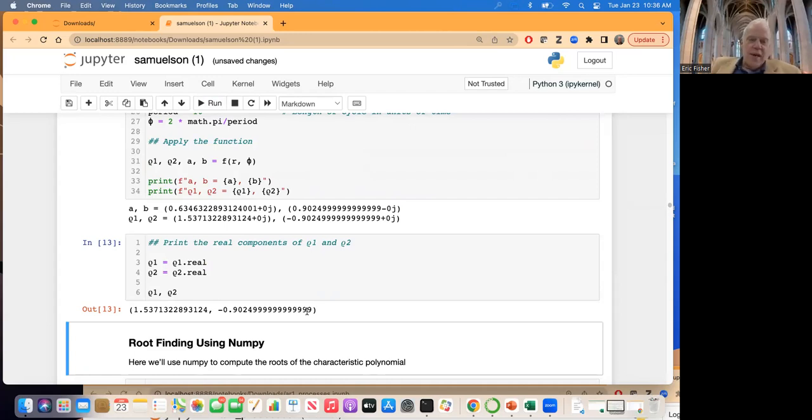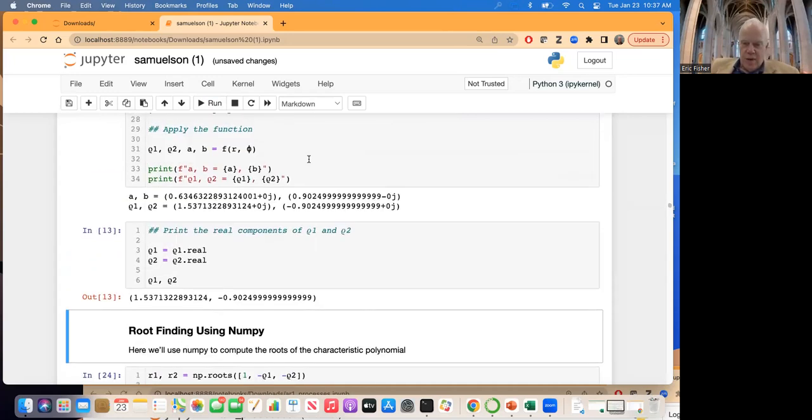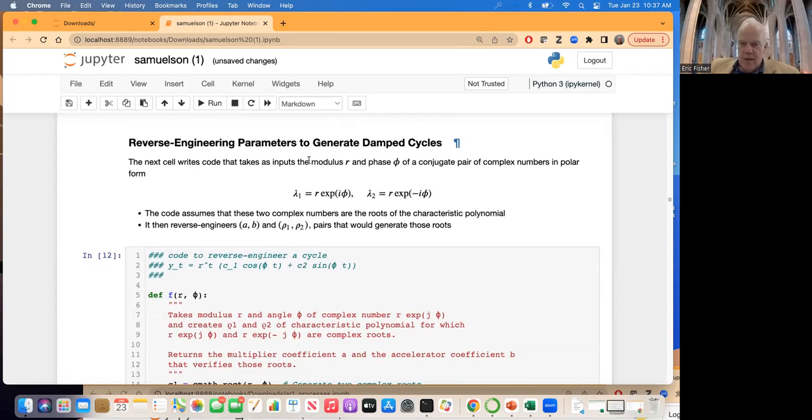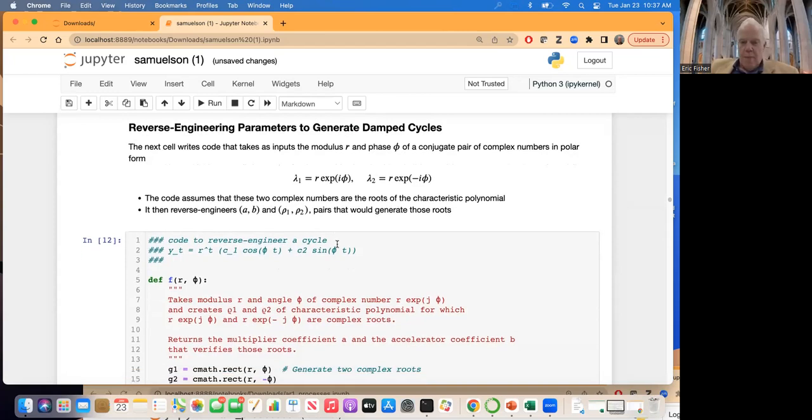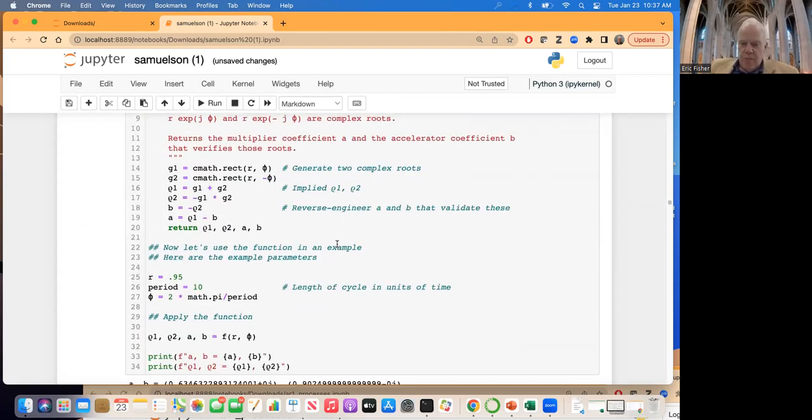So first of all, where did it come from? It knew it wanted some roots here, and it went backwards from the complex roots to what the original real numbers had to be. So this is just a little trick that Sargent's playing. It says, hey, I want to generate some damped cycles because I don't want this thing to explode when I play the game. So here's some damped cycles.